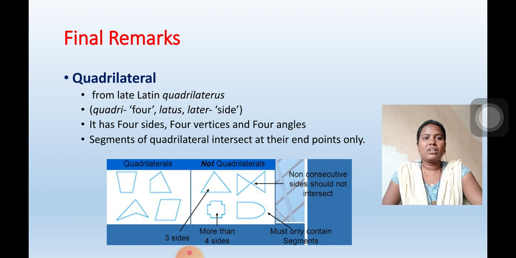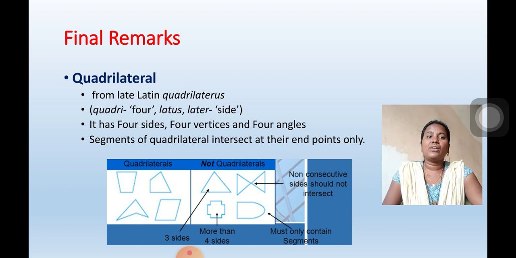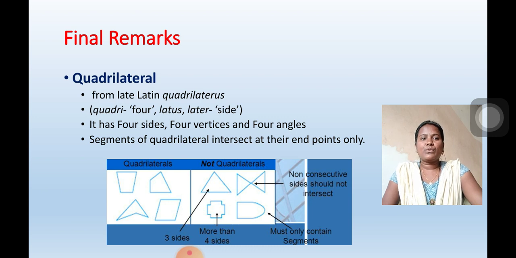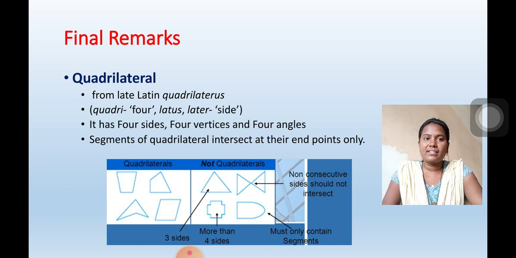Quadri means four, latus or lateral means side. Yes, the four-sided figure is called a quadrilateral. Therefore, it has four sides, four vertices and four angles. Segments of a quadrilateral intersect at their end points only.